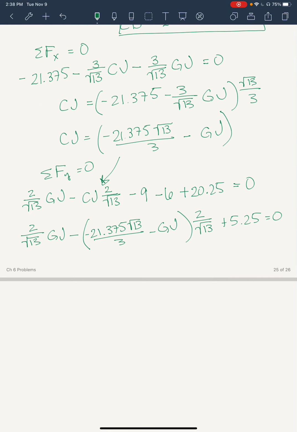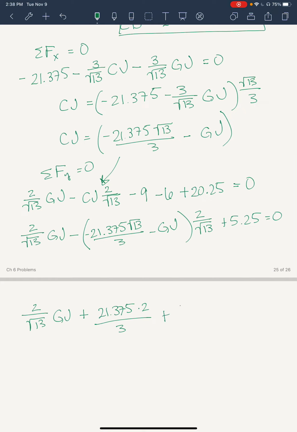And so now we get 2 over square root of 13 GJ plus 21.375 times 2 over 3. The square root of 13's cancel out.